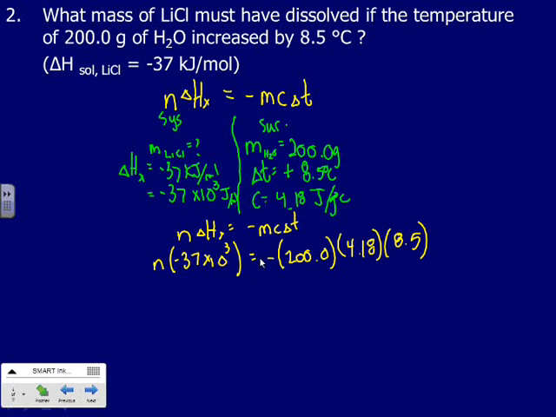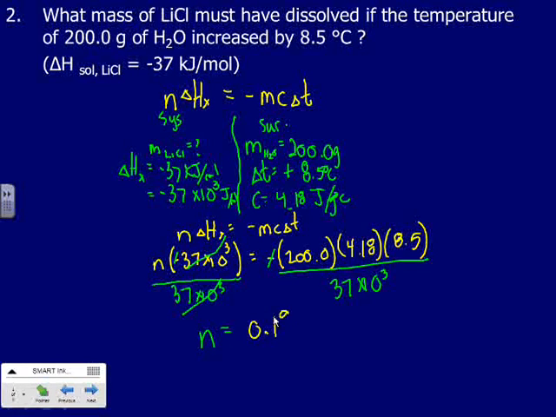In order to complete this, I'm just going to divide off 37 times 10 to the 3, divide off 37 times 10 to the 3, and again, the negatives also cancel, right? So that negative 1 cancels that negative 1. So when I calculate that out and I run it through my calculator, I get 0.192 moles of lithium chloride.